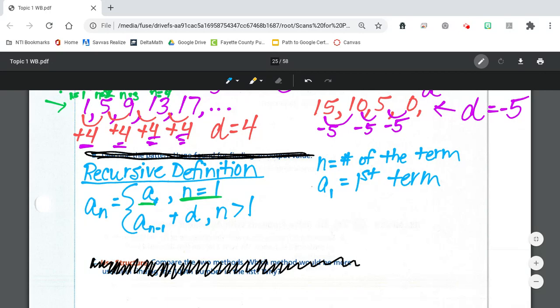Then we have the second line that says a sub n minus 1. So we need to know what a sub n minus 1 is. A sub n minus 1 means the previous term. And D stands for the common difference.